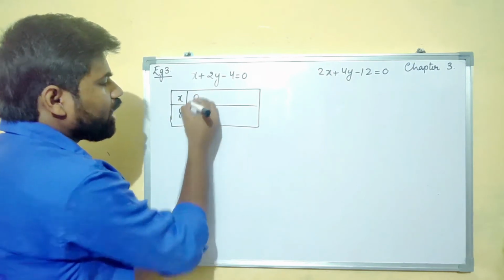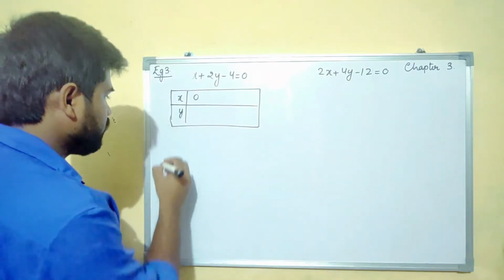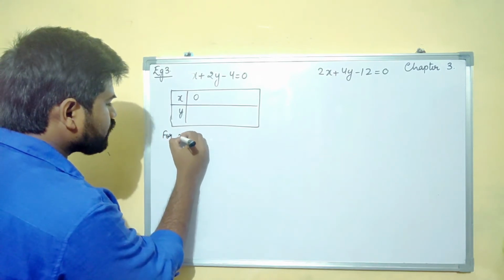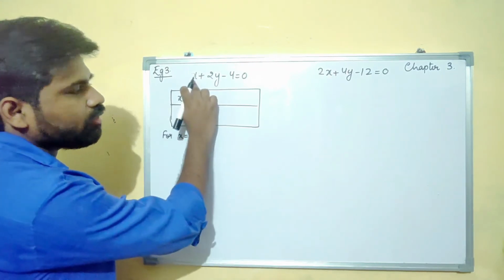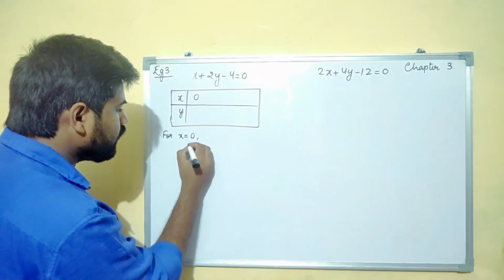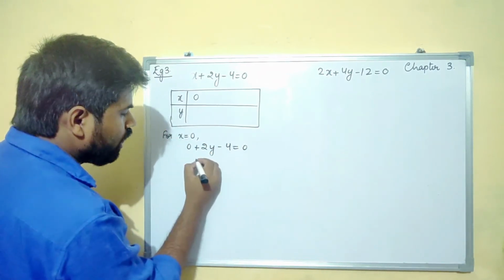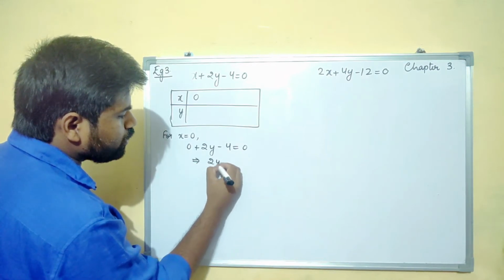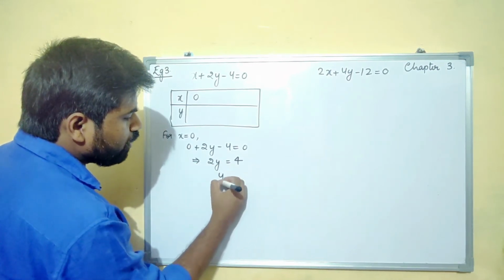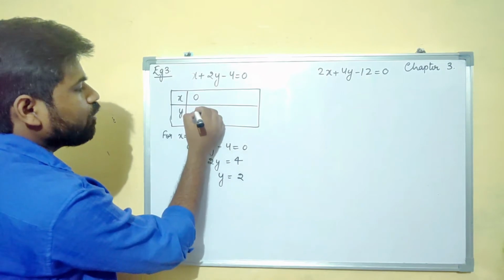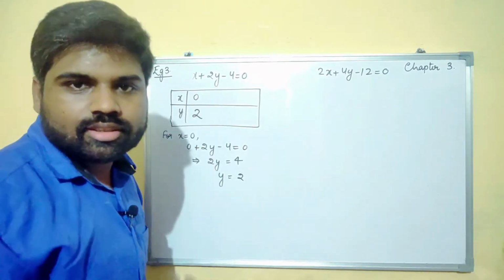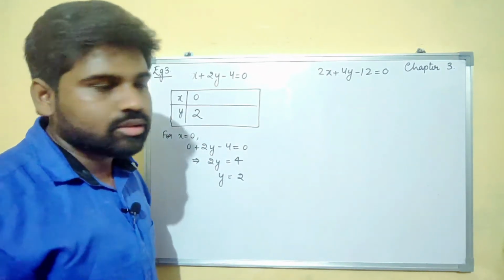Let us put the value of x as 0 at first. For x equals 0, after putting the value of x as 0, you will be left with 0 plus 2y minus 4 equals 0. Or you can say that 2y equals 4 and y equals 2. That means when you put the value of x as 0, you will get the value of y as 2.